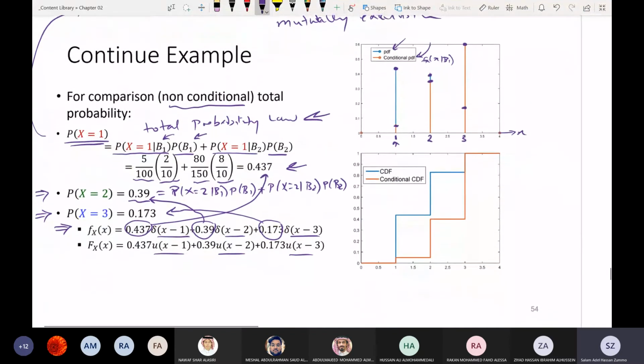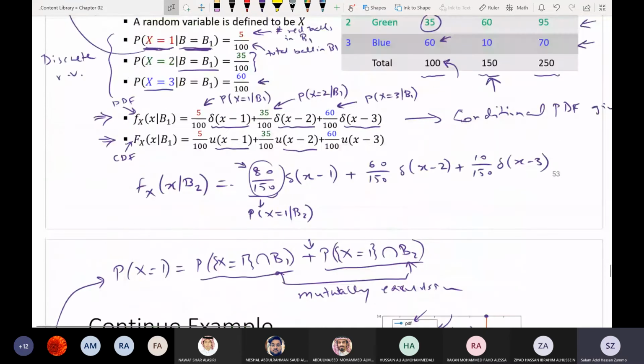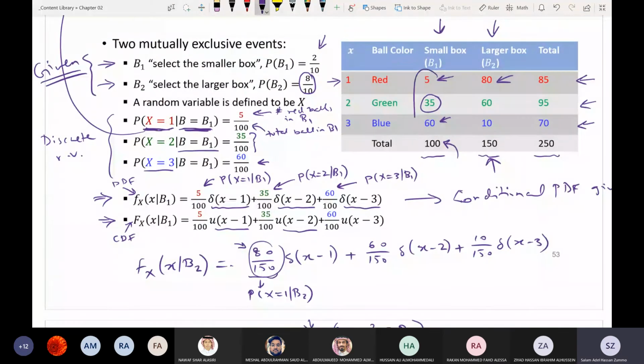Is the idea clear here, guys? What is the effect of conditioning? The whole distribution changes. Why? Because once I condition, the new sample space becomes that event B. If I condition on B1, this is the new sample space.